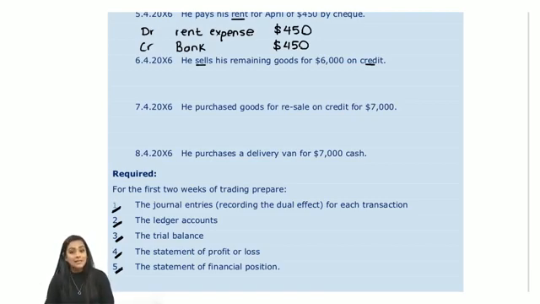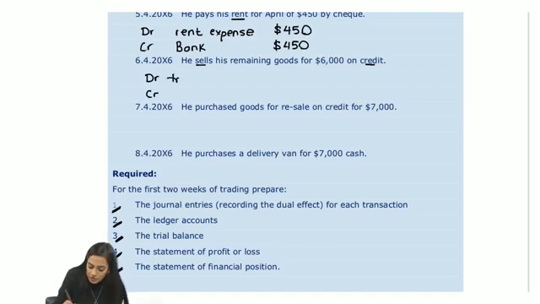They will pay you later. So if money is owed by customers, this is a trade receivable, which is an asset. And if you sell goods, this is an income. So George's asset has gone up and his income has gone up as well. To increase assets, you debit, but to increase income, you credit.